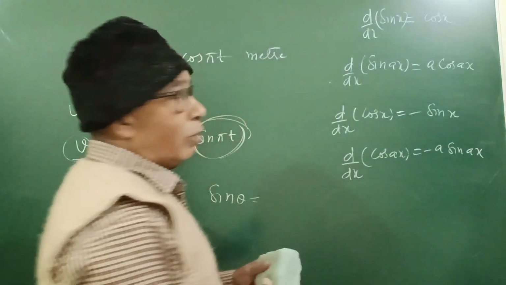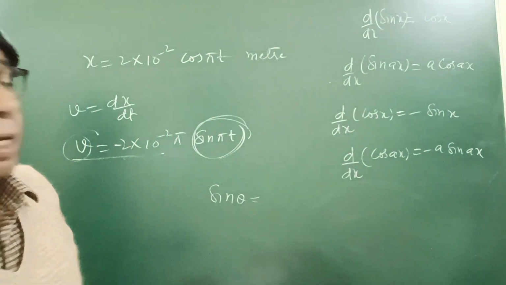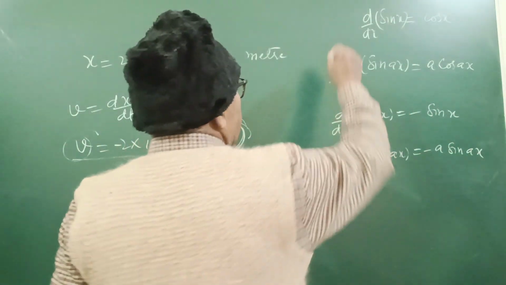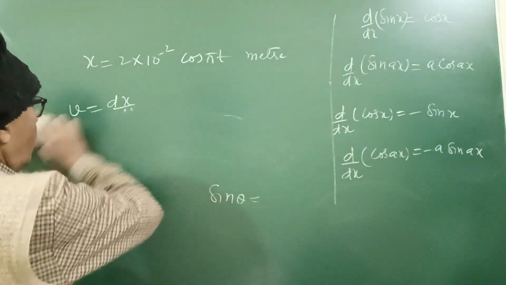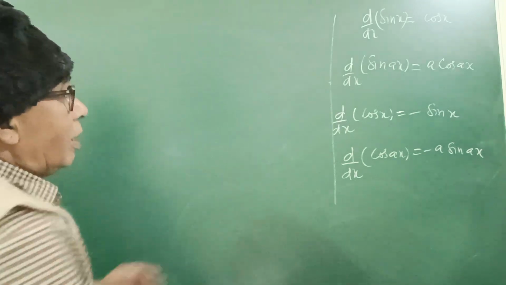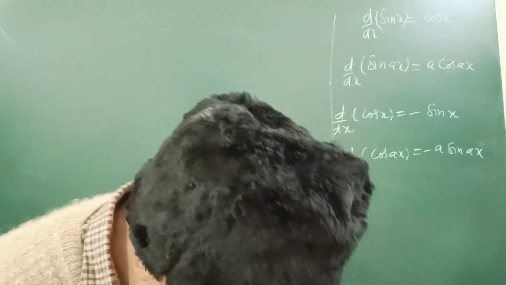It is for bio students. Please learn. In physics they are required every time. Now there is a question here. I have written that the next question will need this again.